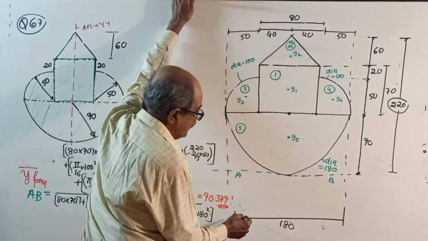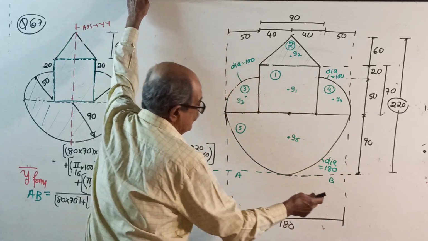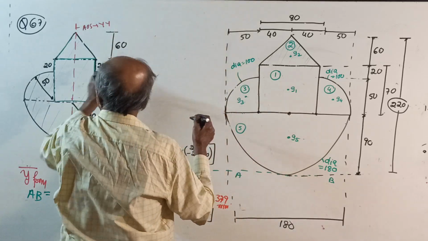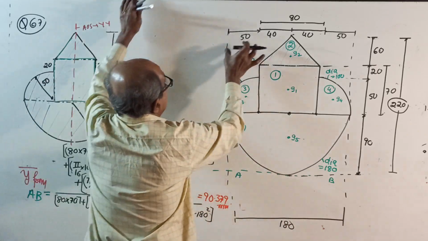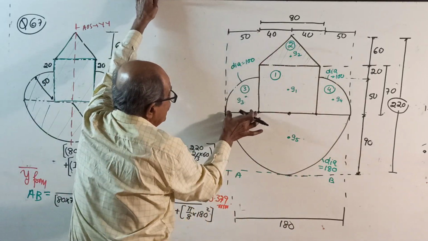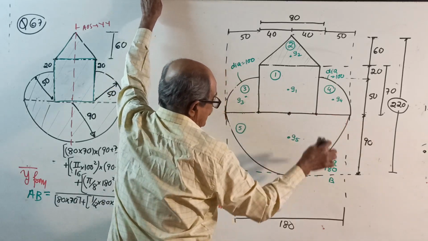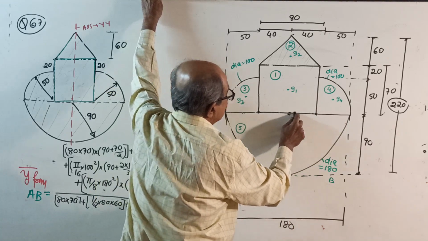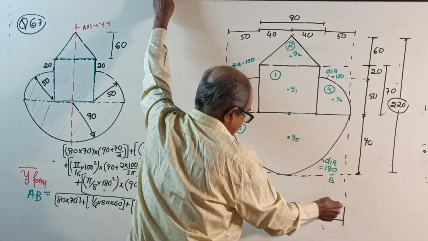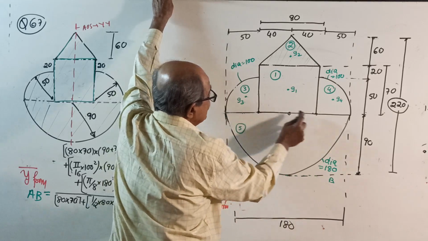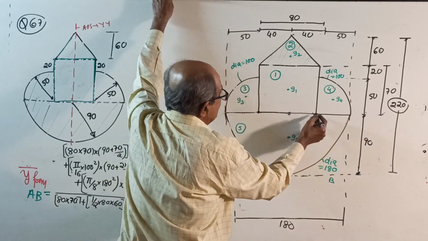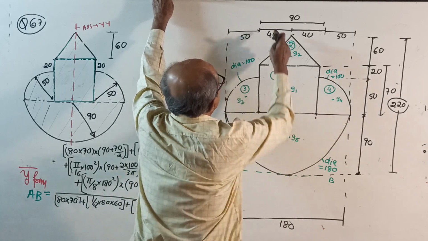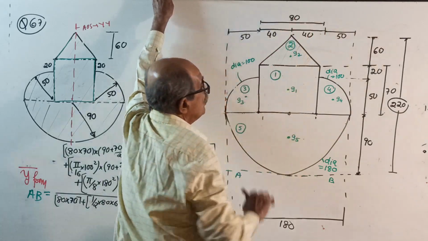Okay, over. Then when the full is 180, see here, this radius 50. When this radius is 50, this also 50. From 180, subtract 50, subtract 50, you will get this distance as 80. Make a note how you got 80.